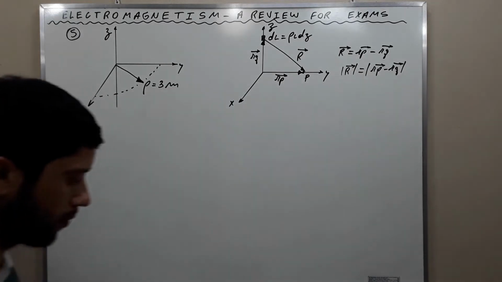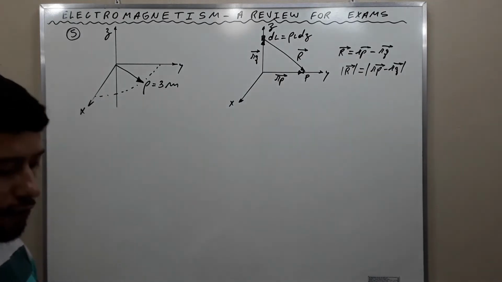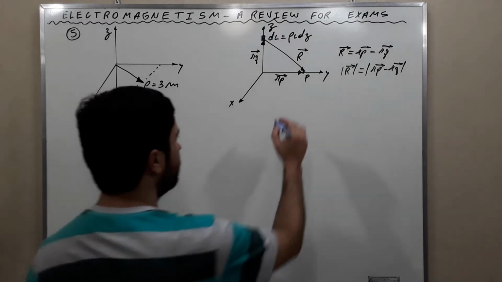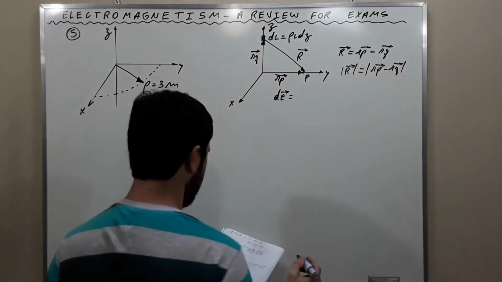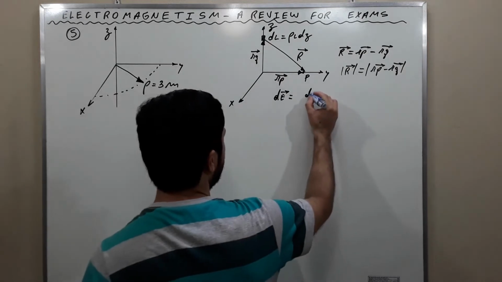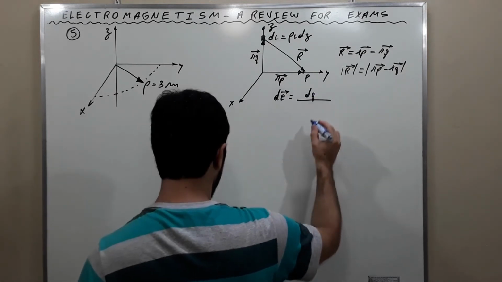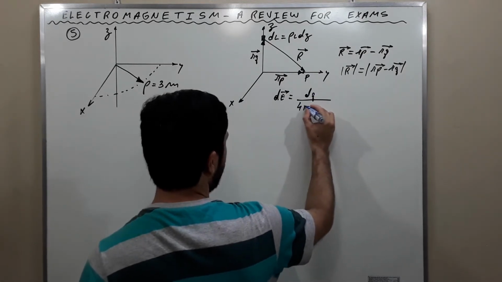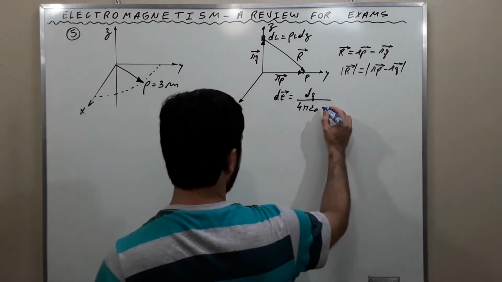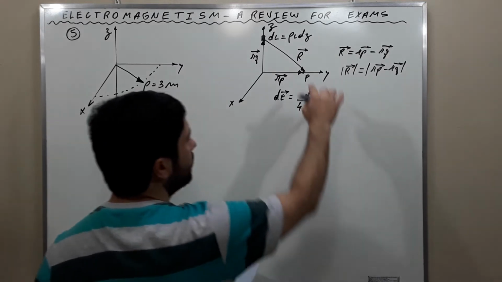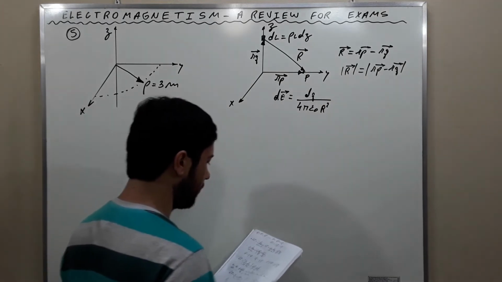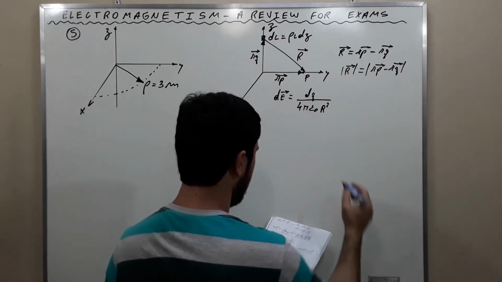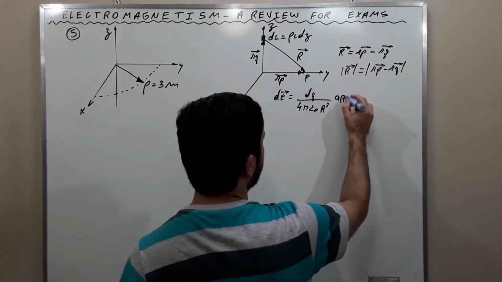Okay? And the electric field produced is dE equal to dQ divided by 4 pi epsilon 0 r squared. Okay, this magnitude here is squared, and AR.